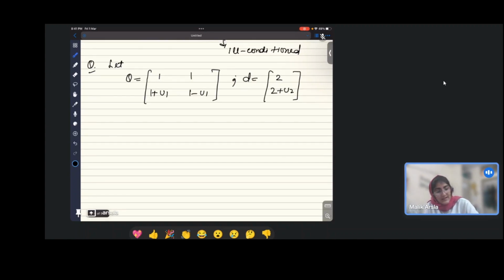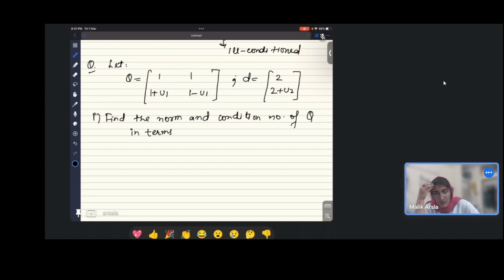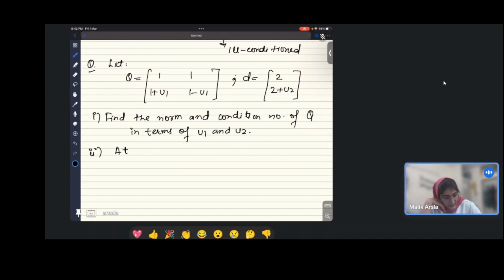What we have to find: the norm and condition number of Q in terms of u1 and u2. That is the first part. Then the second part is at u1 equal to 0.01 and u2 equal to 0.